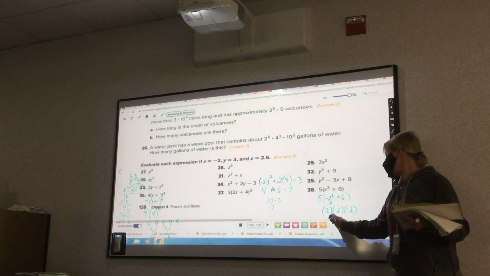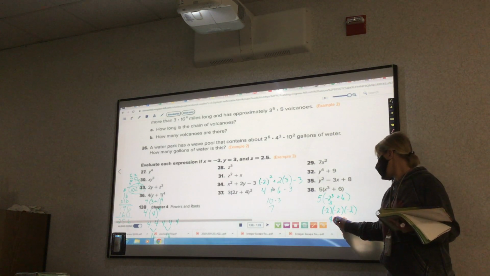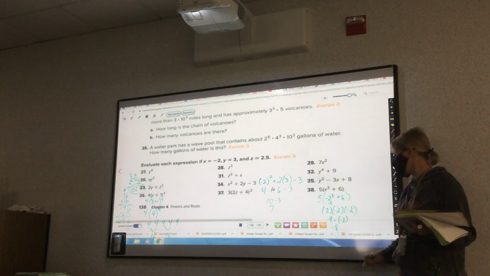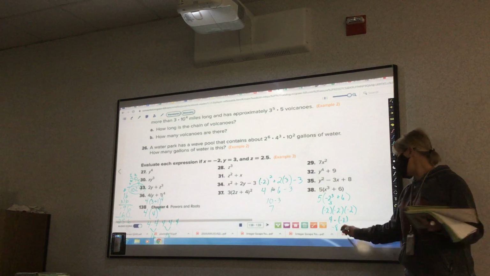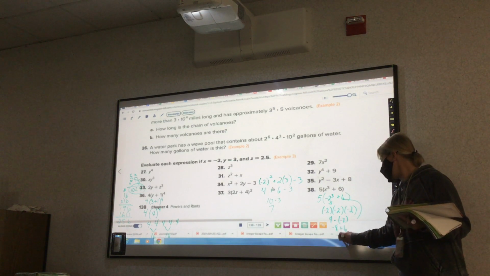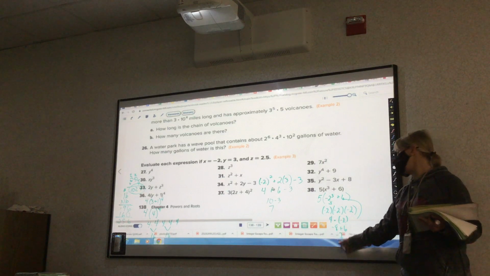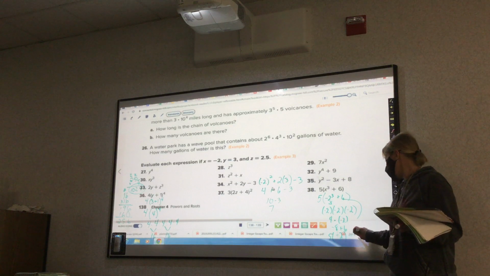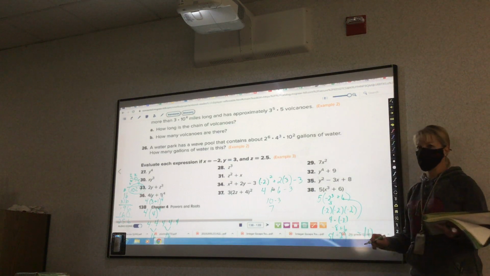So a negative 2 times a negative 2 is a positive 4. A positive 4 times a negative 2 is a negative 8. A negative 8, then bring down the plus 6 would be a negative 2. And then a negative 2 times a positive 5 is a negative 10.